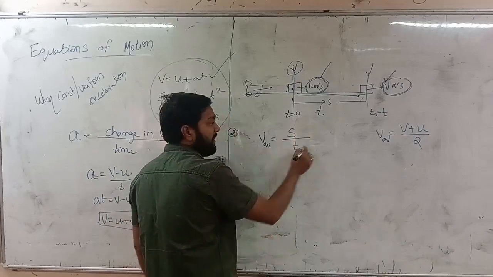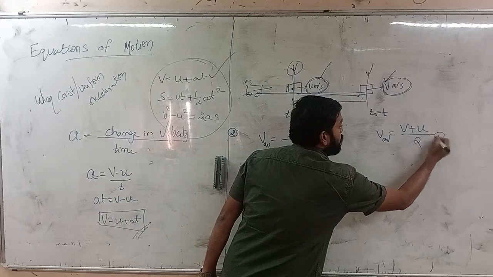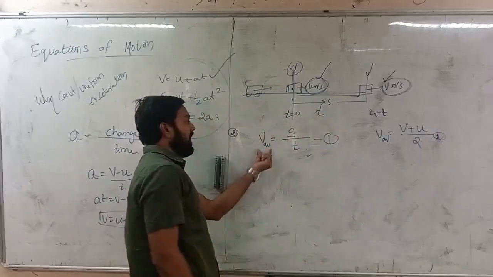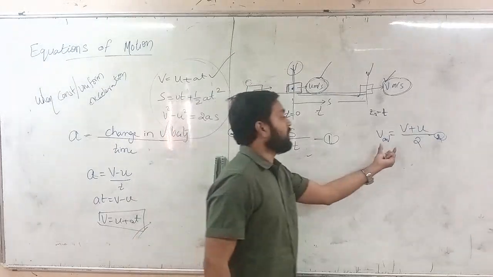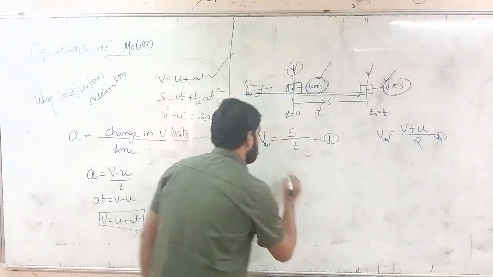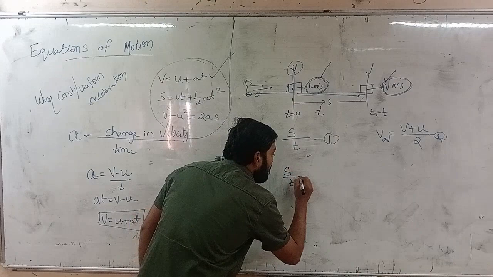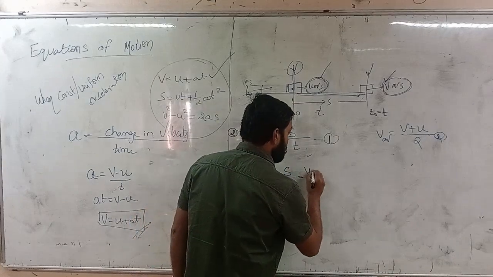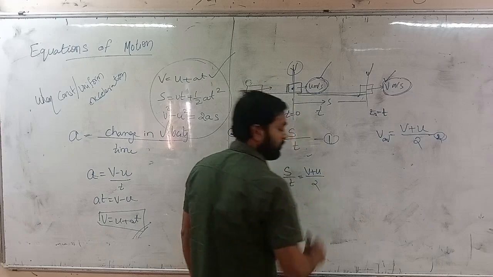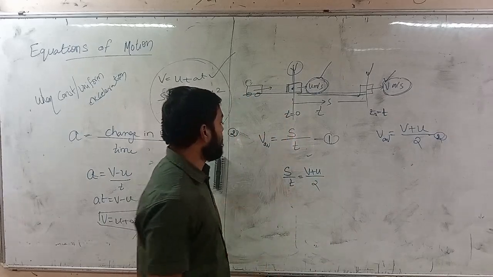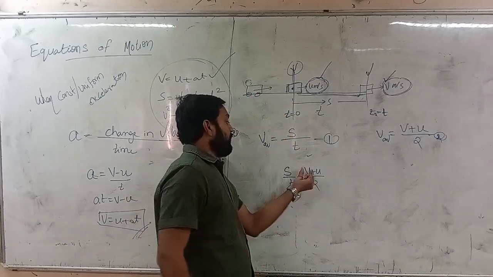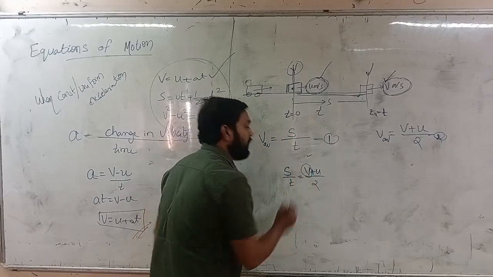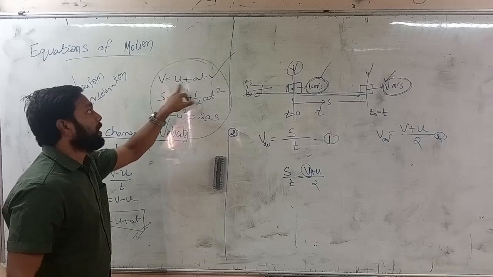We take this as equation 1 and equation 2. Both are equal because both are v average. So s/t = (v + u)/2. We already got the value of v: v = u + at.